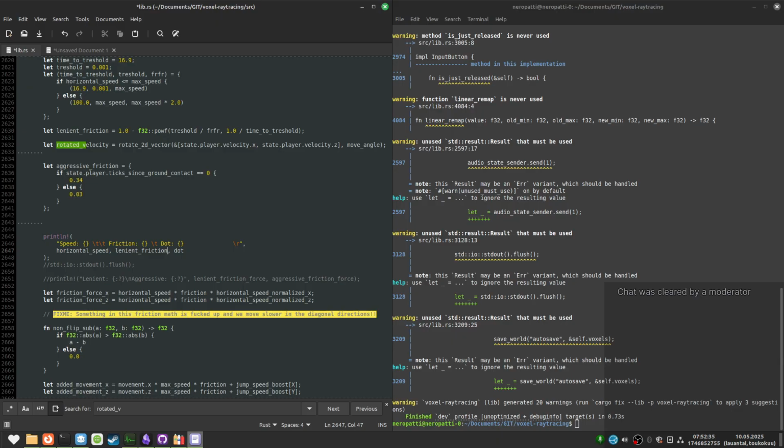And then what we're gonna do, I'll take the rotated velocity and we multiply one of the components. Hold on. So let's say this is the direction we want to go.